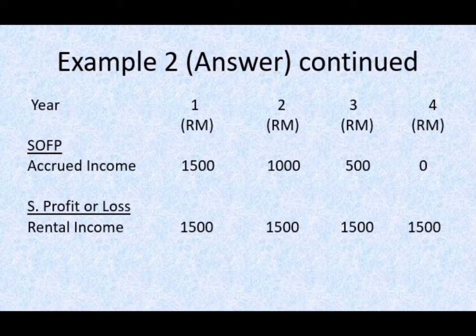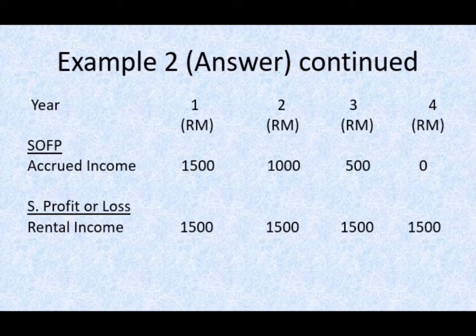For the second year, 1000 ringgit will be recognized as accrued income in the statement of financial position and 1500 ringgit will be presented as rental income in the statement of profit or loss. For the third year, we have 500 ringgit to be presented as accrued income in the statement of financial position and 1500 ringgit will be presented as rental income in the profit or loss statement.